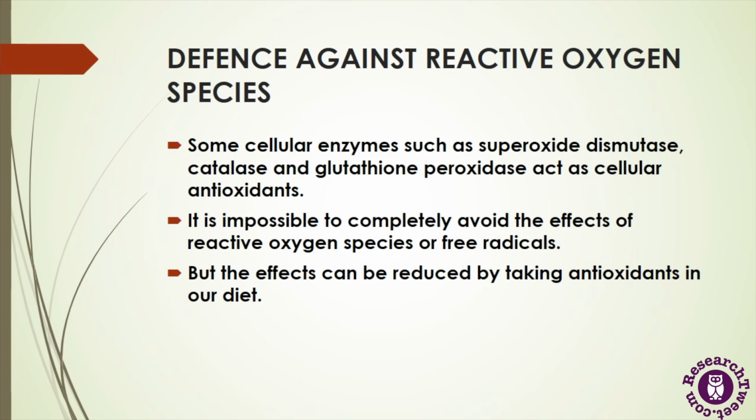But it is very difficult to completely avoid the effects of reactive oxygen species or oxidative stress in our body, because they are part of our functioning and they are also helpful. But the effects and diseases can be reduced by taking antioxidants in our diet, so that enough antioxidants are present in our body to decrease the reactive oxygen species or make them stable.